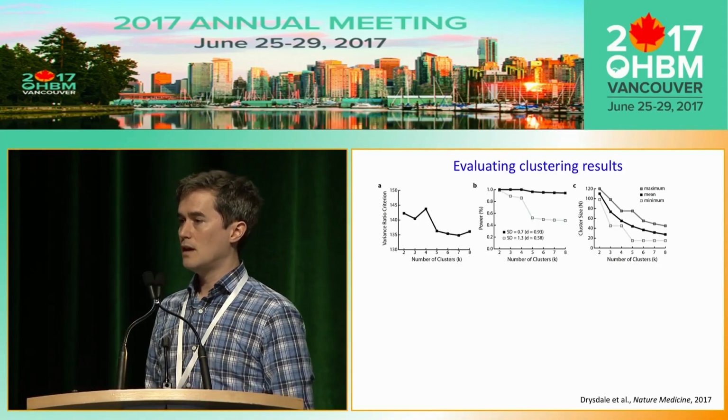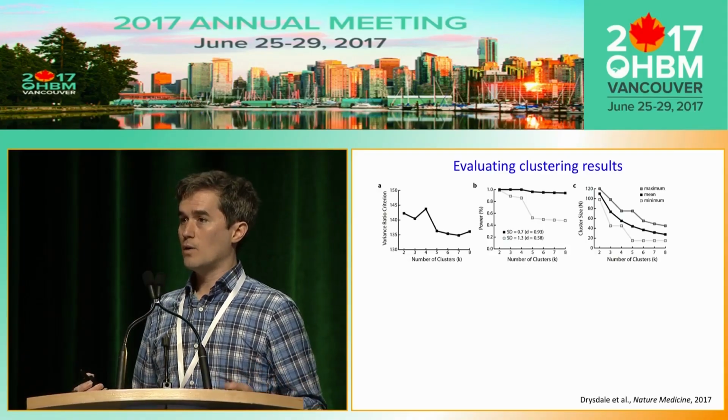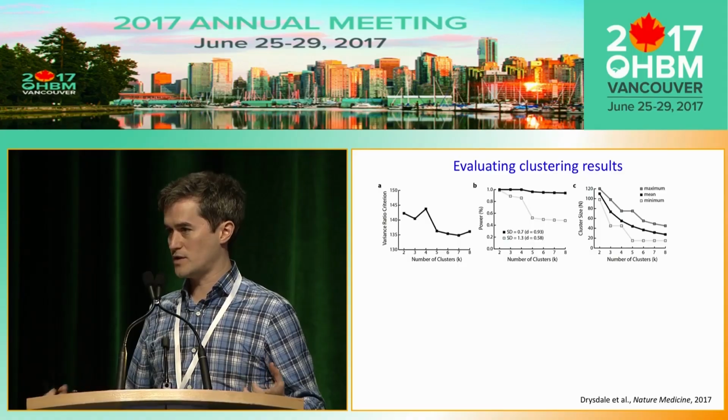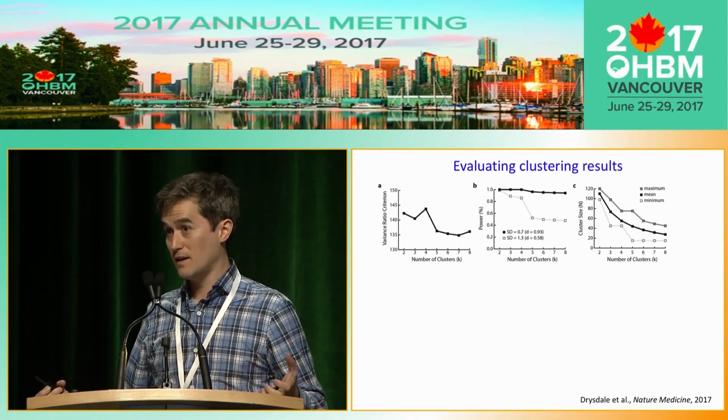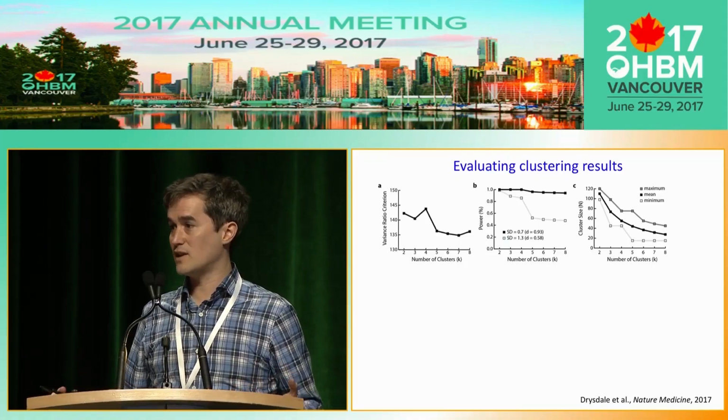But it's one useful piece of information. The other factor we considered was a more pragmatic one, which is that a clustering solution in the data that we have is only useful to us if we can learn something from it, and that's going to be limited by the size of our sample.